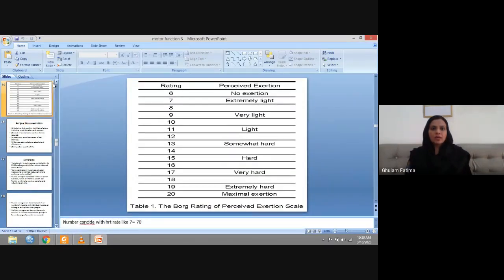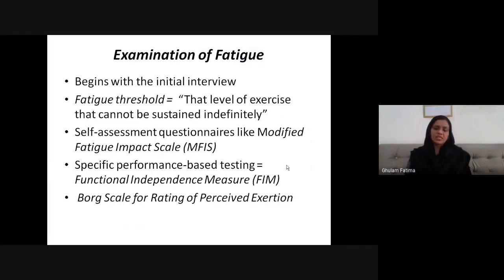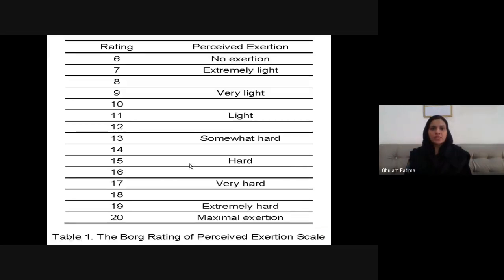Okay, now coming back to the examination of fatigue, we were discussing the Borg scale for rating of perceived exertion. Perceived exertion means the patient's self-rating scale. Here you can see that the scale starts from 6, where there is no exertion, and it ends at 20, where there is maximum exertion.